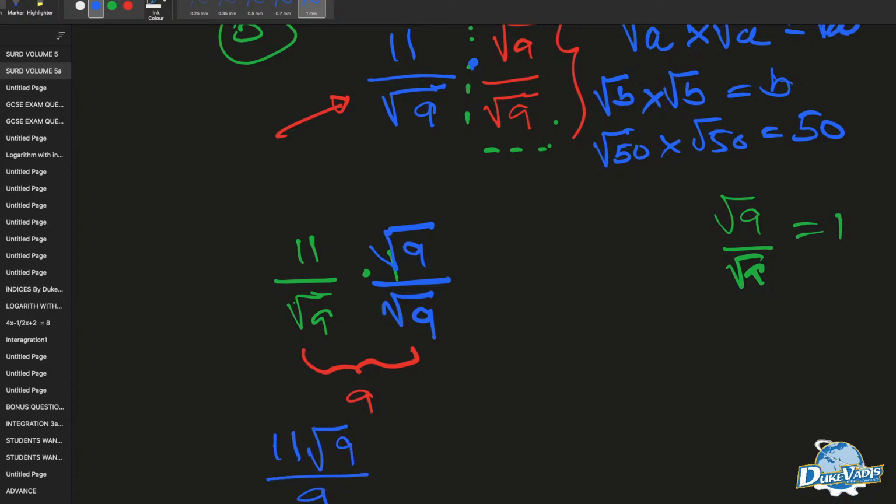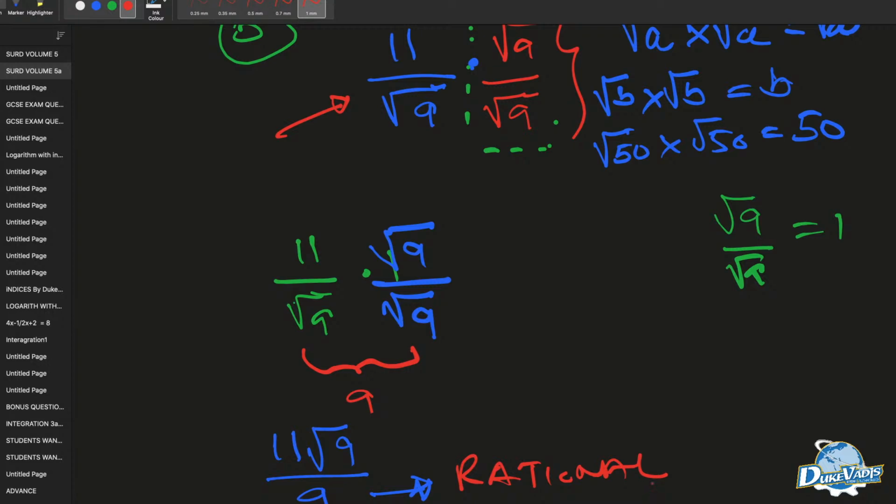Now you see that 9 is a rational number. That's the reason why we do rationalization.